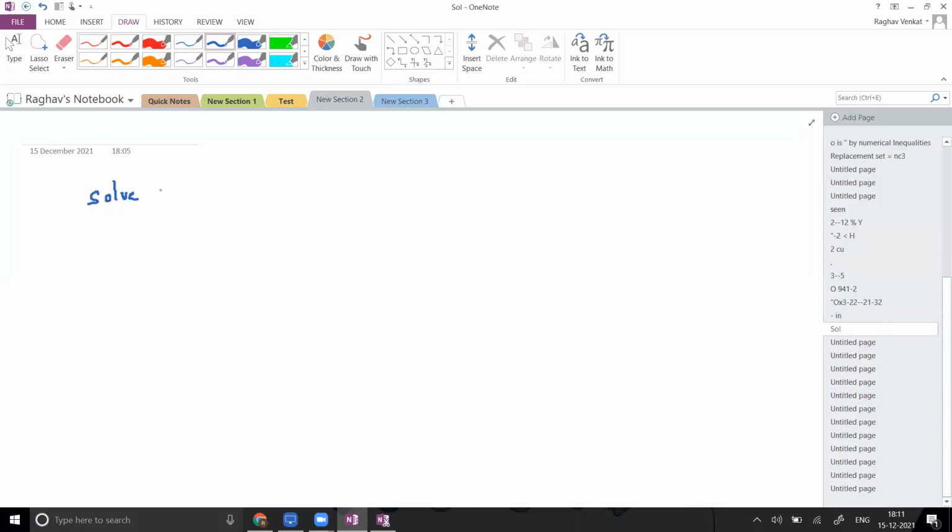Solve 3 of (2 minus x) greater than or equal to 2 of (1 minus x), given that x belongs to R plus.